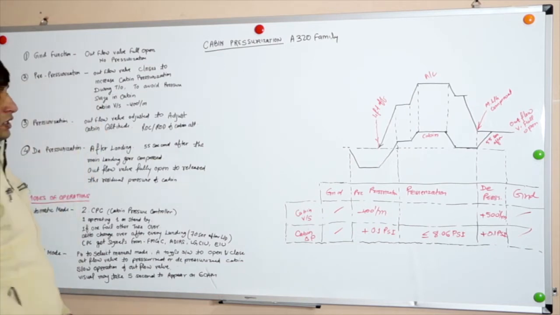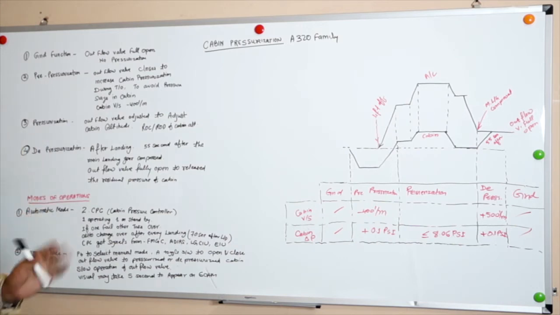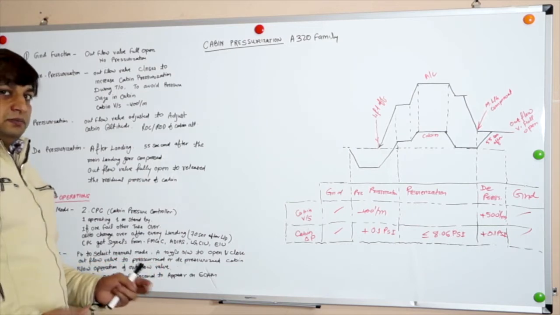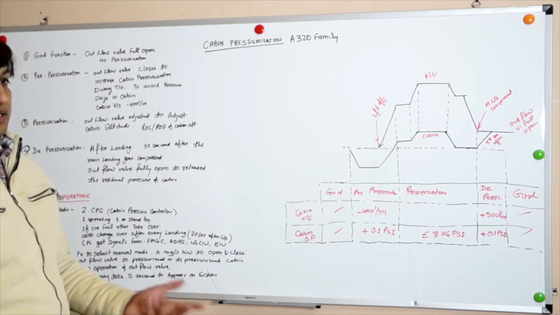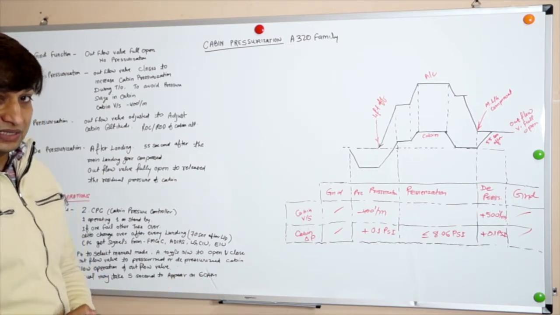So during takeoff, what happens? When we give the takeoff thrust, so much pressure and bleed is generated that lots of bleed air can go inside the cabin, and the cabin can get over-pressurized.